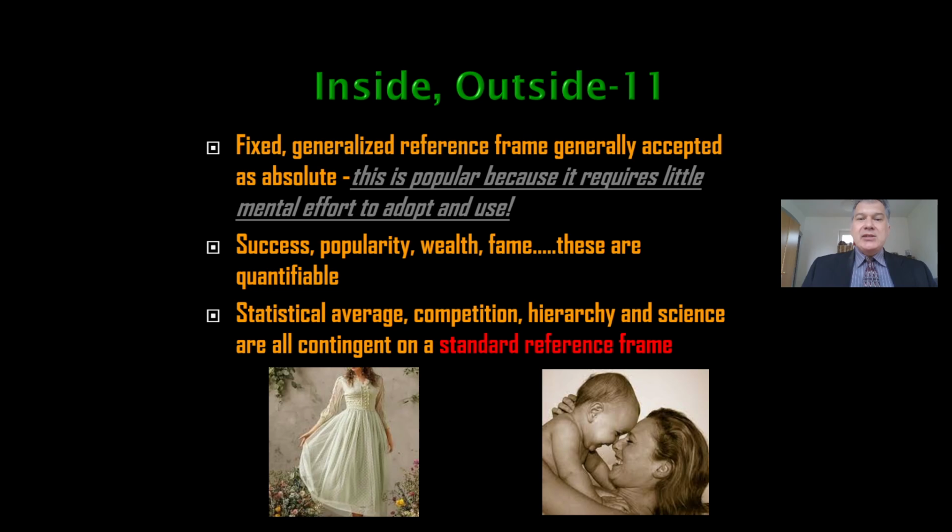And standard reference frames cannot be projected out without understanding that you will clash with any other community that uses a different standard. And then you're going to have wars and competition and all kinds of bad things.